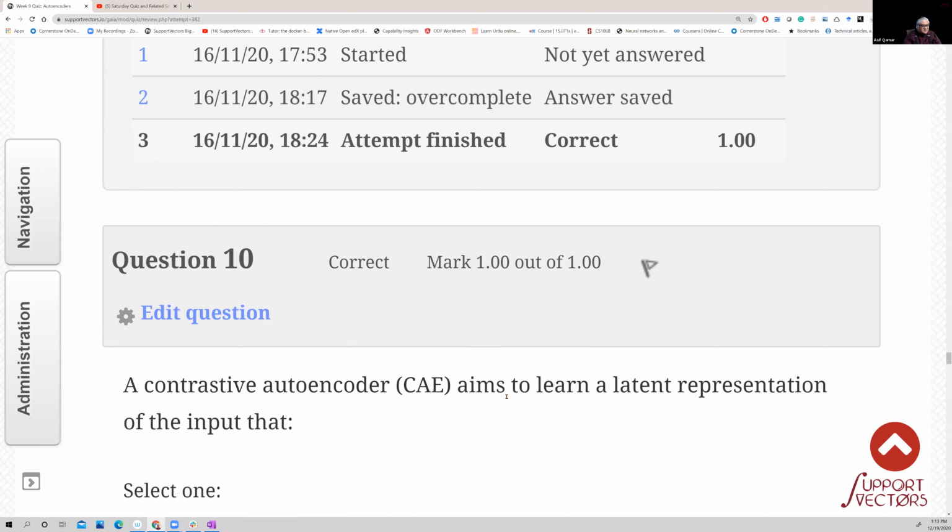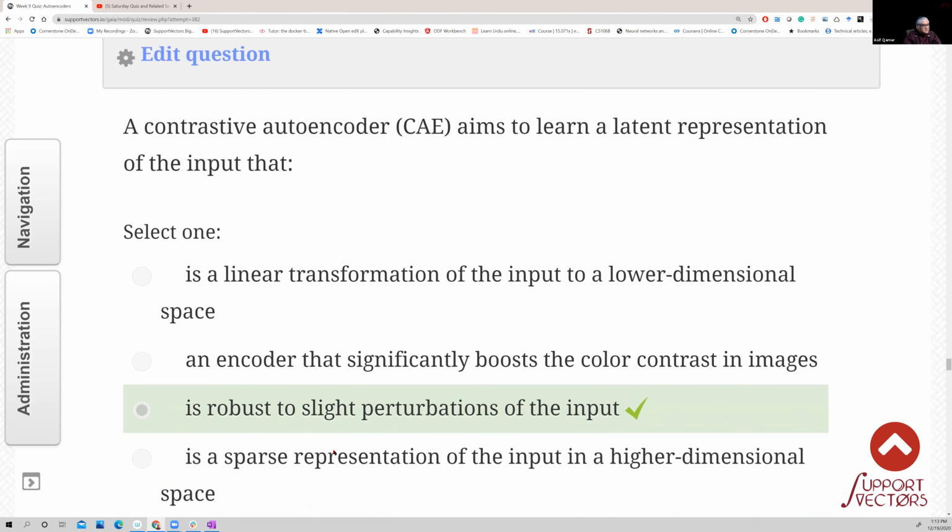A contractive autoencoder aims to learn a latent representation of the input that is robust to slight perturbations of the input. So how is this different, for example, from a denoising autoencoder? Do you guys remember? Anybody remember? We talked about the contractive autoencoders, and I gave you the math of it.